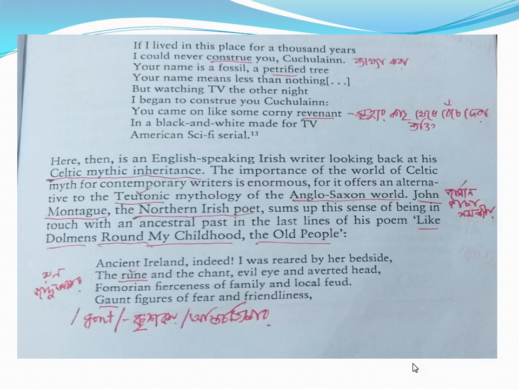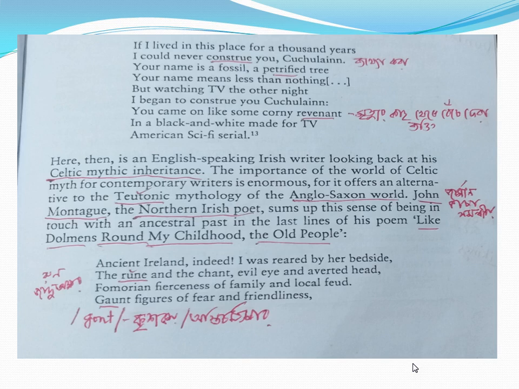Okay. So this Celtic mythic inheritance, the importance of the world of Celtic myth for contemporary writers, is enormous, for it offers an alternative to the Teutonic mythology of the Anglo-Saxon world. John Montague, the Northern Irish poet, sums up this sense of being touched by the ancestral past in his poem, Like Dolmens Round My Childhood, the Old People.